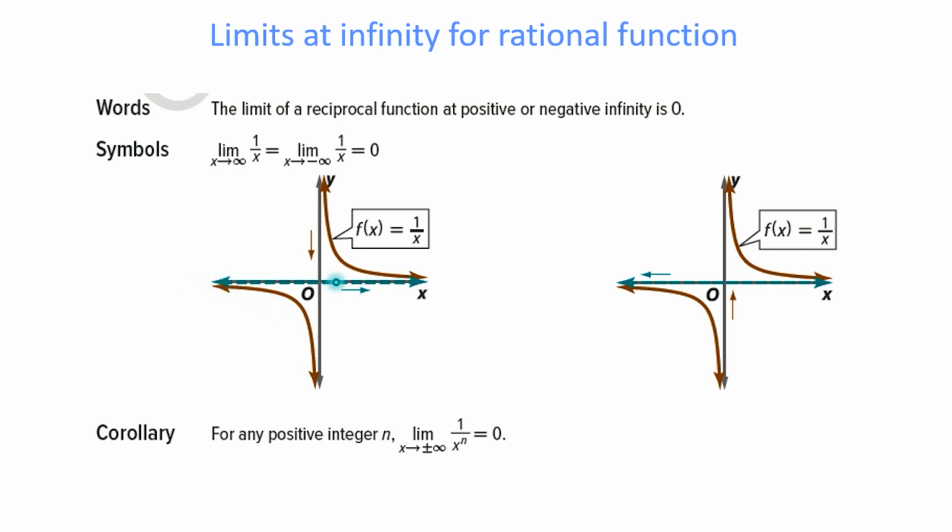Similarly, as x approaches positive infinity, the function value will get closer and closer to 0. For any positive integer n, the limit of 1 over x to the power of n at positive or negative infinity is both 0. And we can use this knowledge in the following questions.